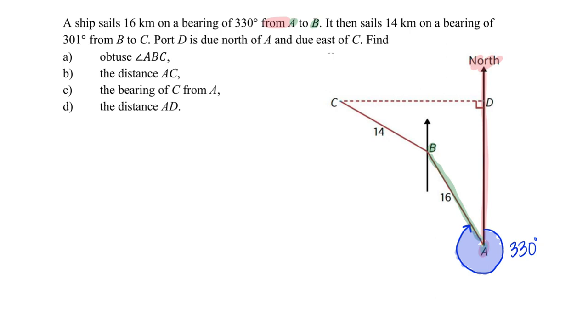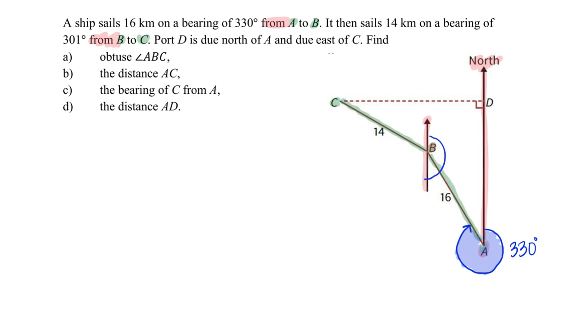It then sails 14 kilometers on a bearing of 301 degrees from B to C. From B, so B is here, to C. That means BC is the ending line. And the next bearing we are looking at here is 301 degrees.